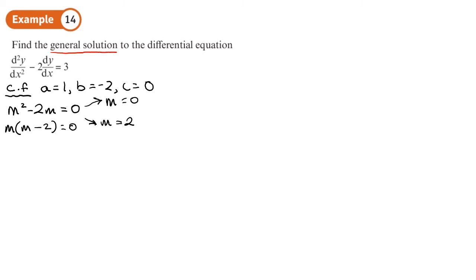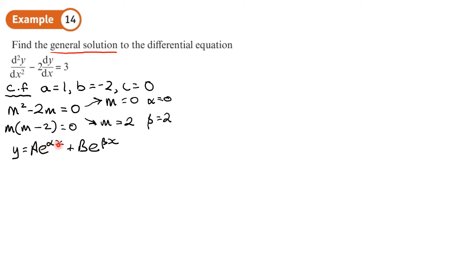When we have two real solutions, the form of our solution is going to be like this. So remember, try and memorize these, with alpha equal to 0, beta equal to 2. Now when we put alpha equal to 0 here, we'll get e to the power 0.